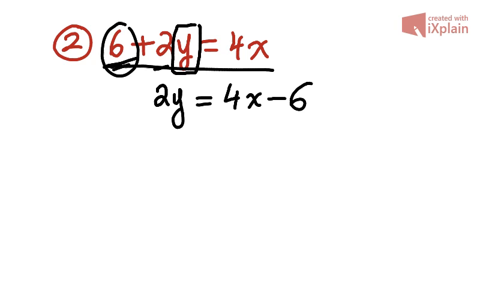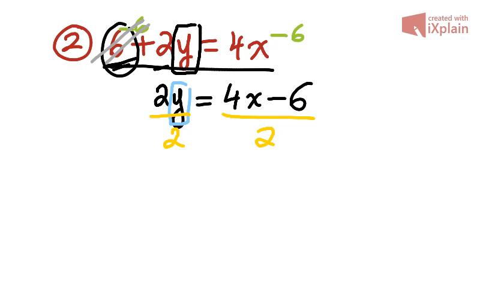We technically subtract it from both sides, but of course it simply disappears from the left hand side. Now all we need to do is remove that 2 so that the y is on its own. Now the relationship between the 2 and the y in this case is multiplication. So we have to divide both sides by 2.